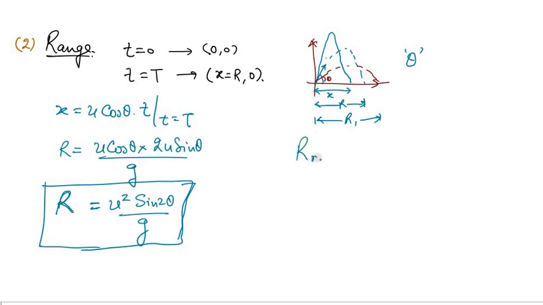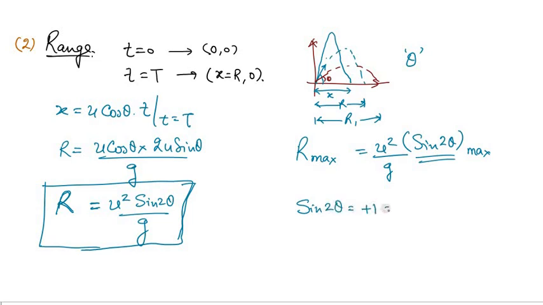So if we want to calculate the maximum range, then because theta is a variable, for maximum range sine 2 theta should be maximum. But the maximum value of sine is, in the positive sense, +1. So your sine 2 theta is +1. So 2 theta is 90 degrees, or theta is equal to 45 degrees.